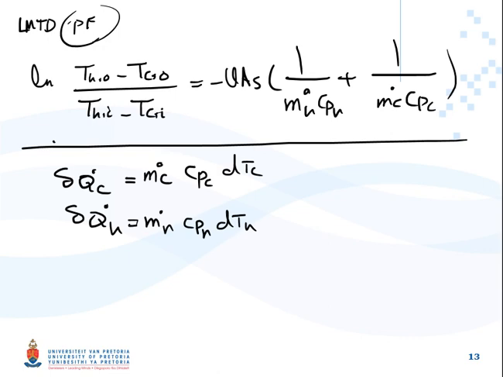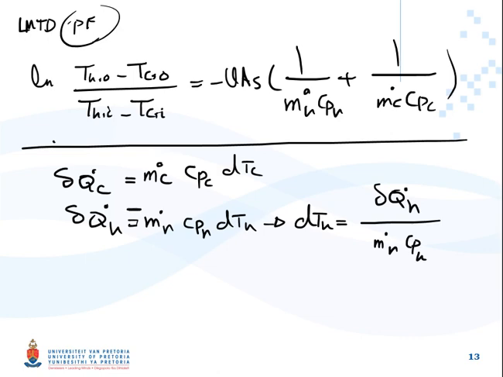If we want to calculate dT_h, we can say that dQ_h is equal to minus m dot h C_ph dT_h. Something that's missed here is the minus.